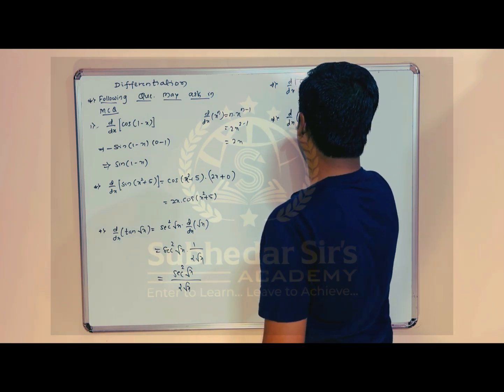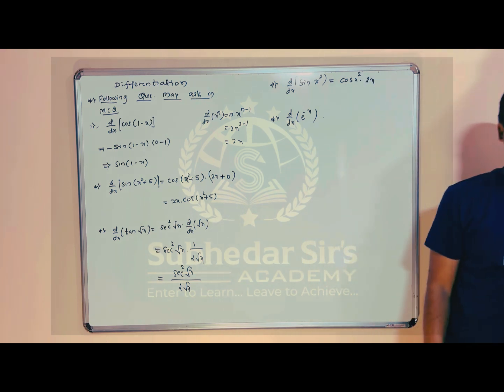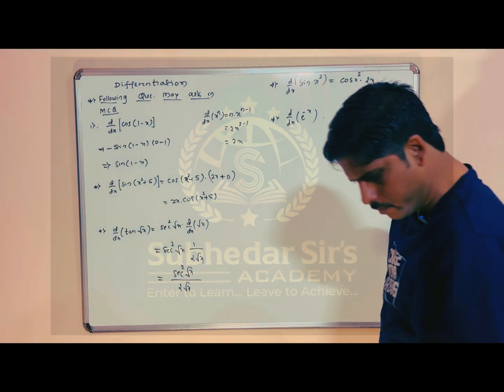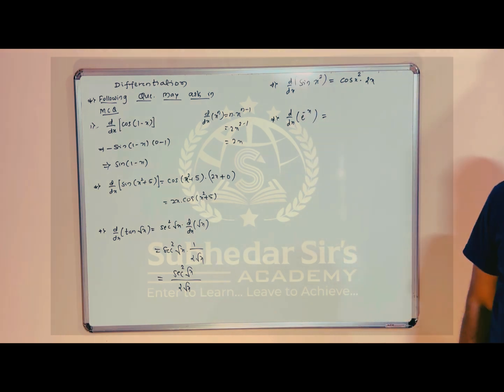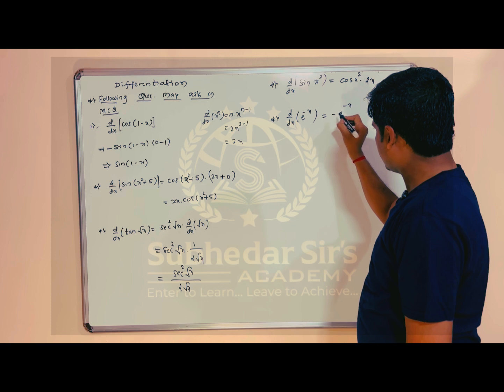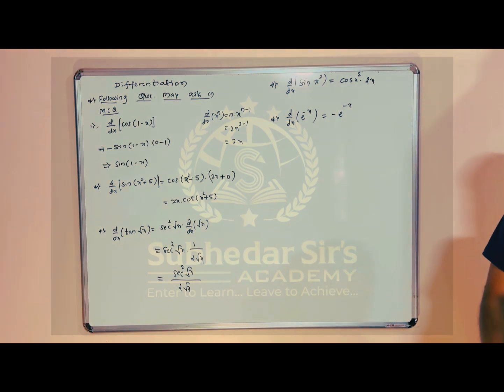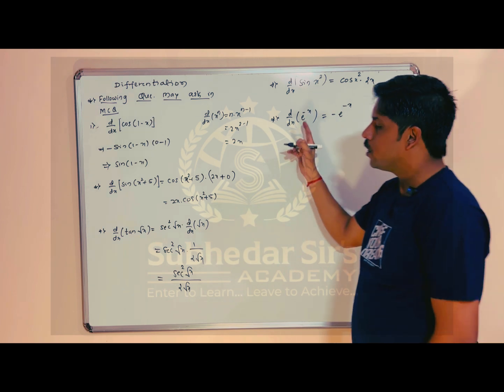D by dx of e to the power minus x. We know that differentiation of exponential function is e to the power x. But here the coefficient of x is minus 1. Then e to the power minus x into minus 1. Because again we have to differentiate minus x also. Right? E to the power u form.